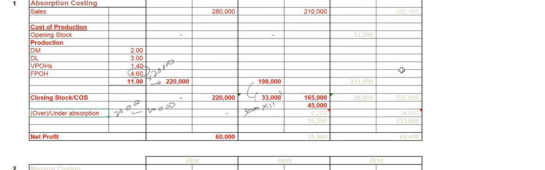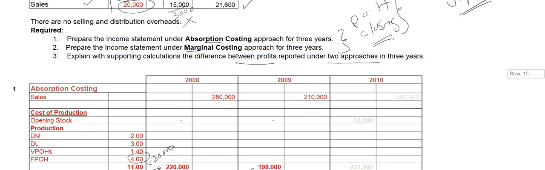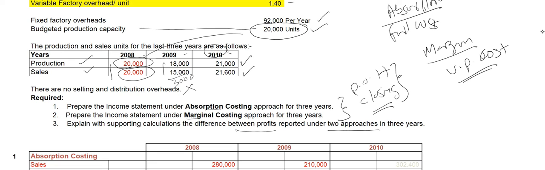Why? Your budgeted production is 20,000. However, you produced only 18,000. So therefore the full production overhead cost has not been absorbed fully. Okay, so 20,000 is your production capacity, whereas you produce only 18,000.